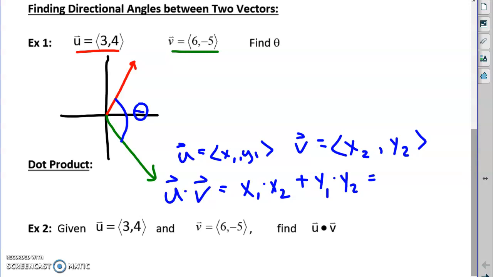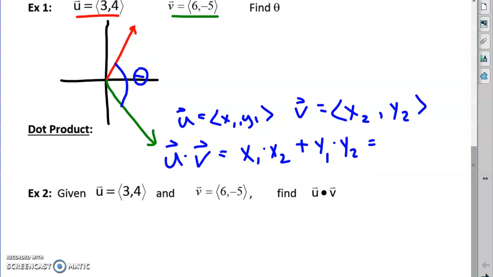So in this case, if I wanted to find the dot product of those two vectors, 3 times 6 plus 4 times negative 5, 18 minus 20 equals negative 2. That would be the dot product. But that still doesn't find us the angle between the two vectors. But we can use it.